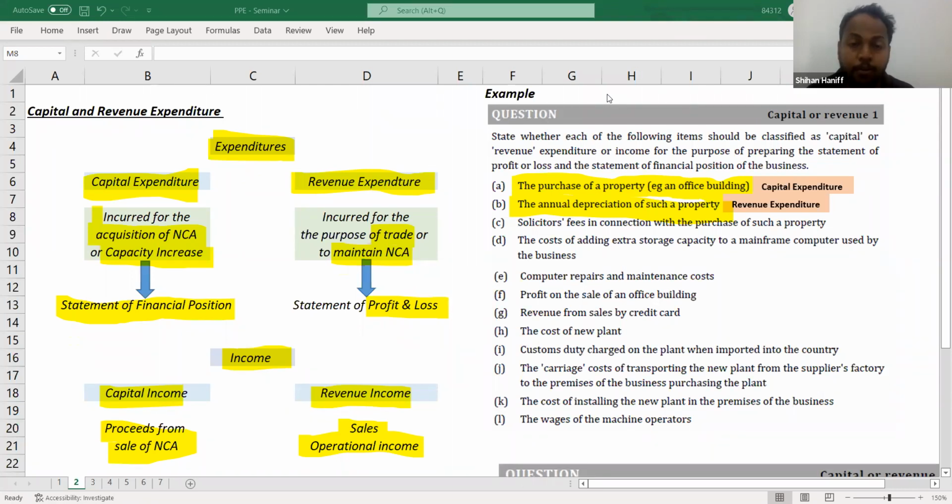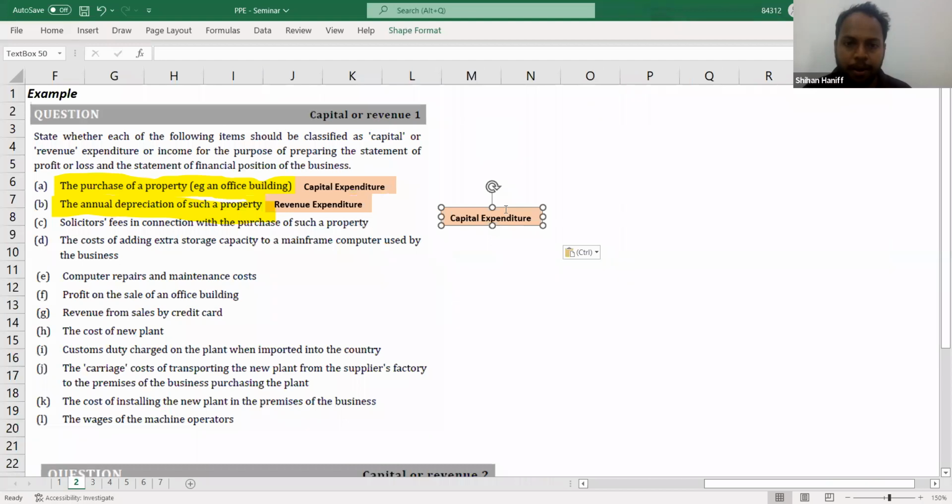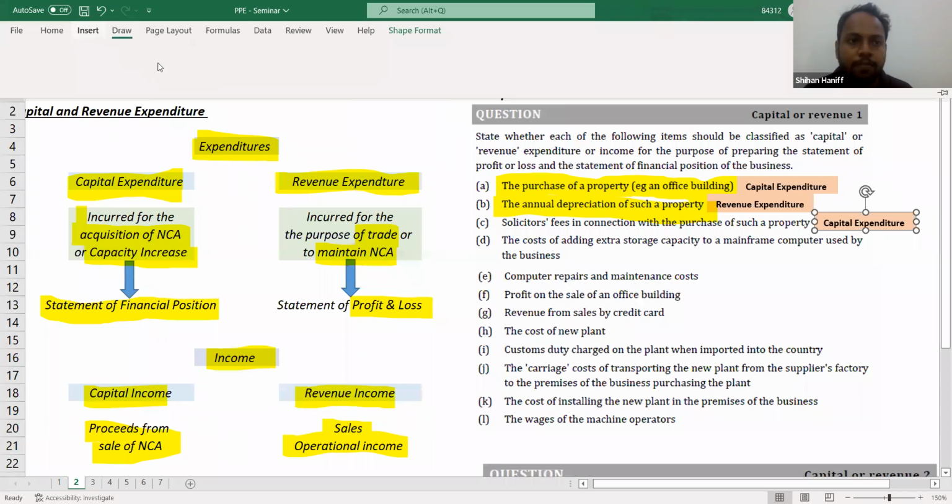It's not revenue, it's capital, because that cost is for acquiring the non-current asset. Don't get confused. It's capital expenditure. It's not revenue, it's capital. That cost is related to acquisition of the property.